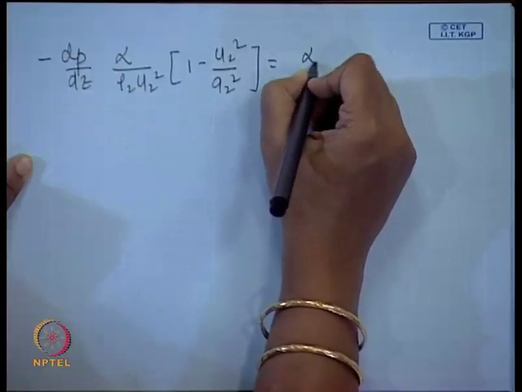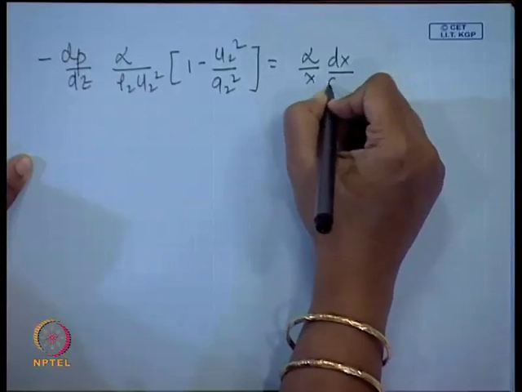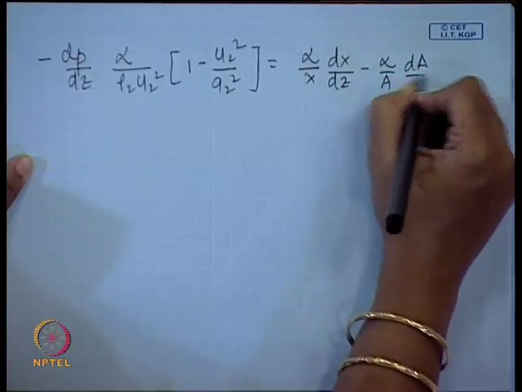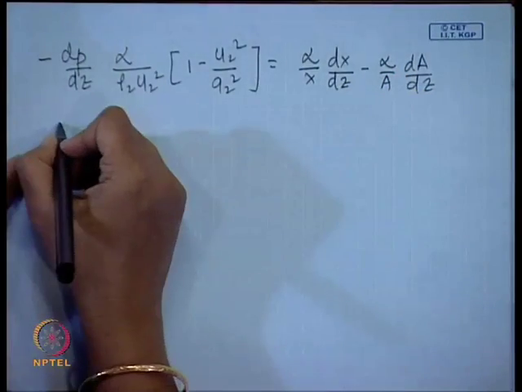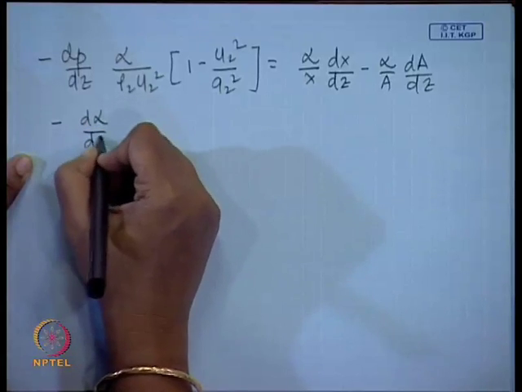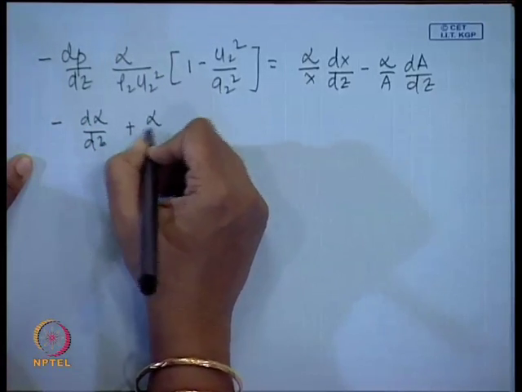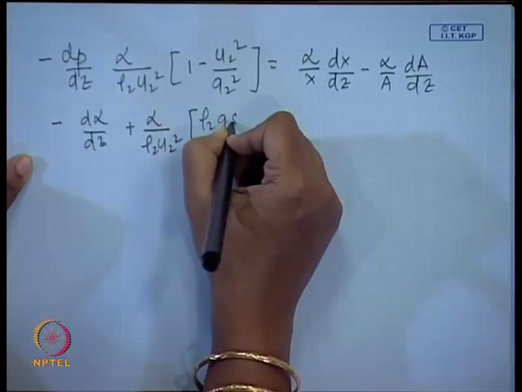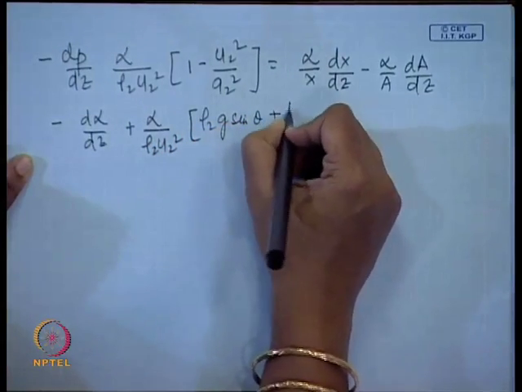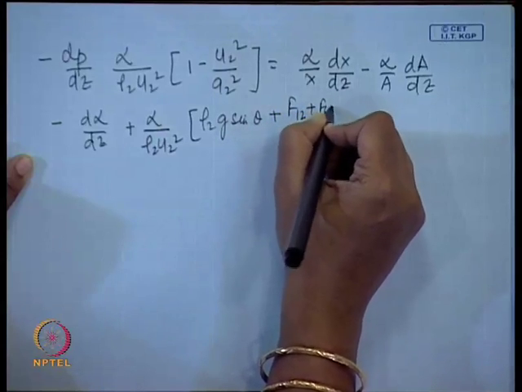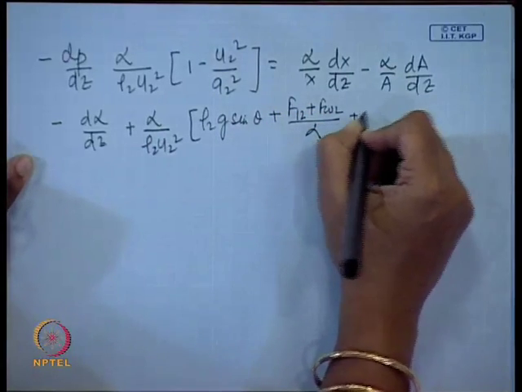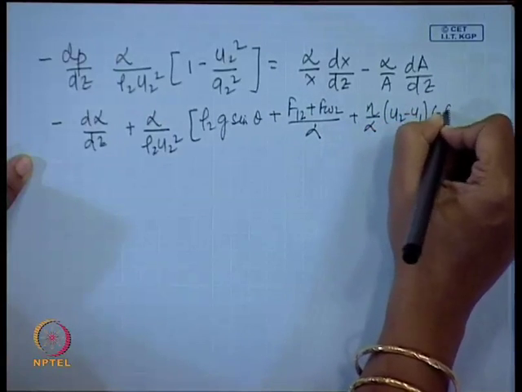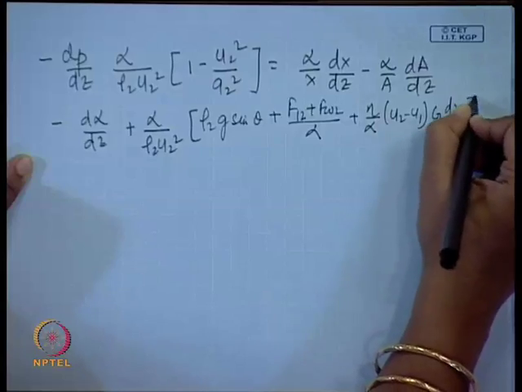This will be equal to alpha by x dx dz minus alpha by A dA dz minus d alpha dz plus alpha by rho 2 u 2 square, again rho 2 g sin theta plus whatever was there inside that will remain intact, u 2 minus u 1 g dx dz.